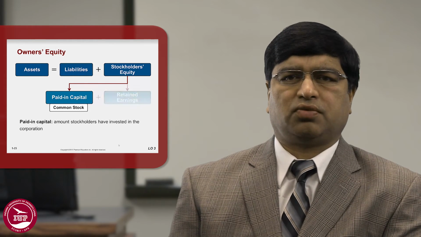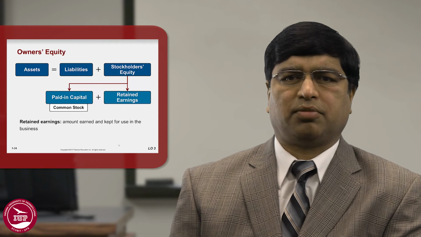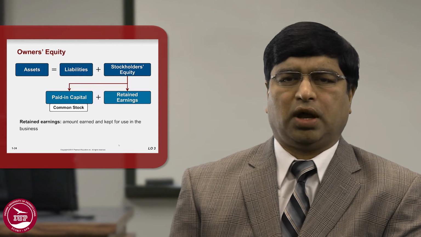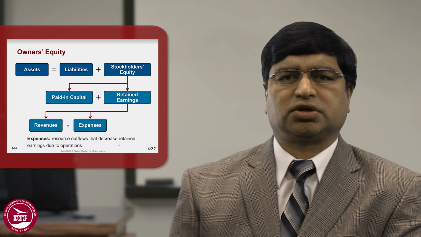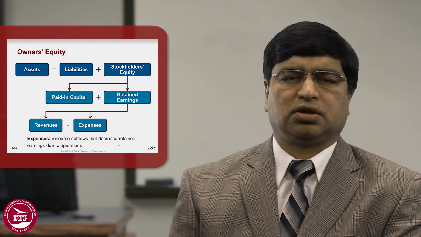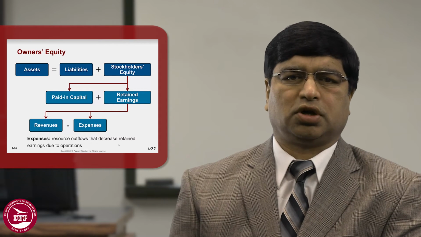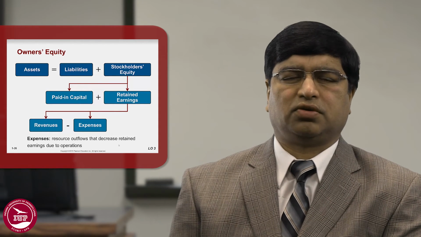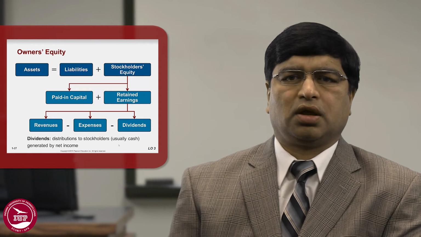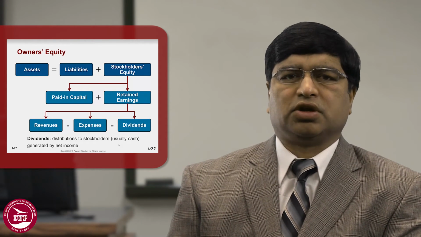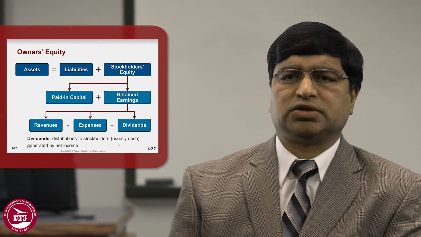So stockholders' equity will consist of the paid-in capital, common stock, and the retained earnings. And as far as the retained earnings are concerned, it is the income or the loss made when revenues exceed expenses or expenses exceed revenues. Dividend is not an expense.